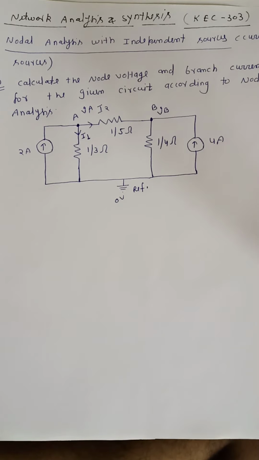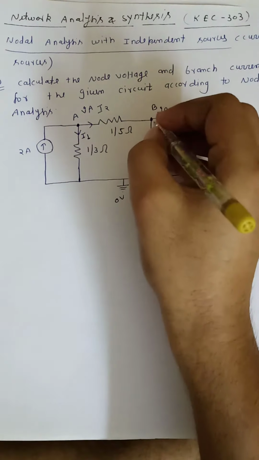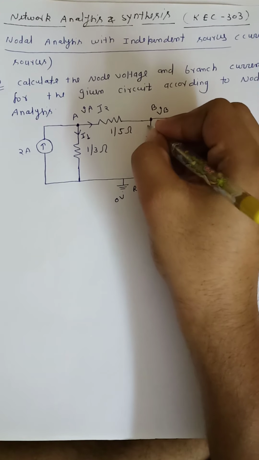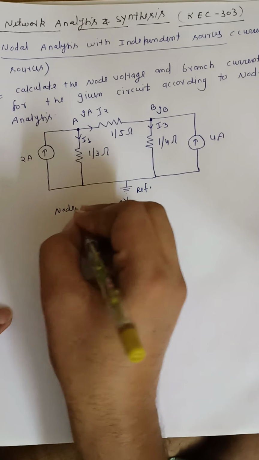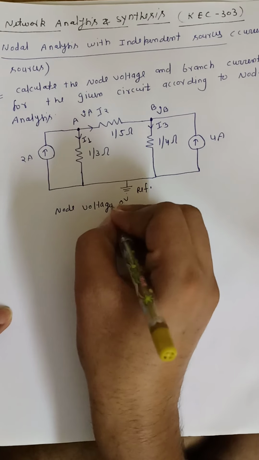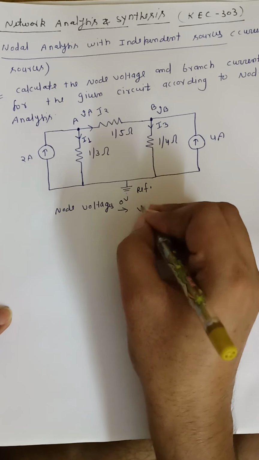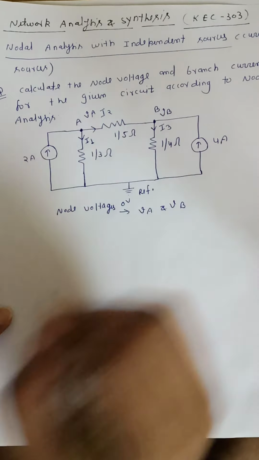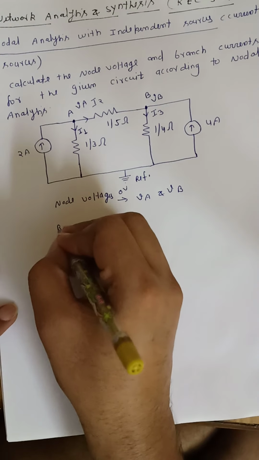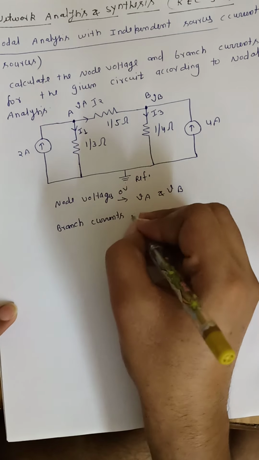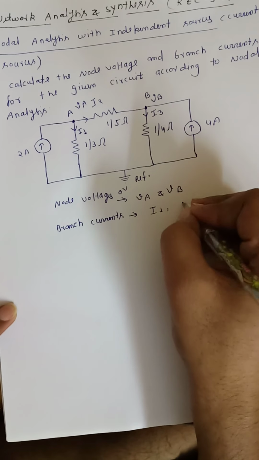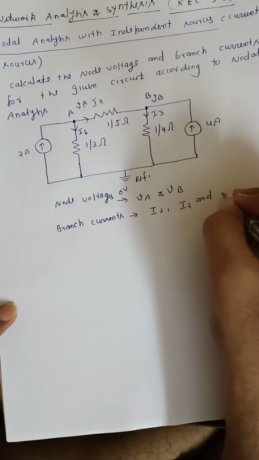Now let us assume the current in the 1/4 ohm resistor is I3. So we have branch currents I1, I2 and I3, and node voltages VA and VB.